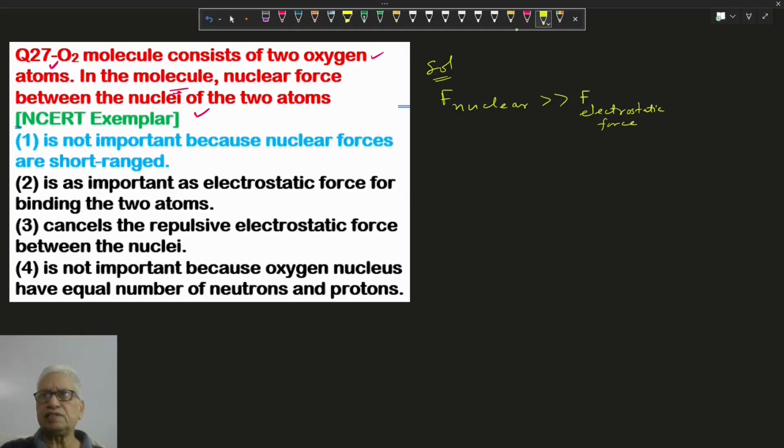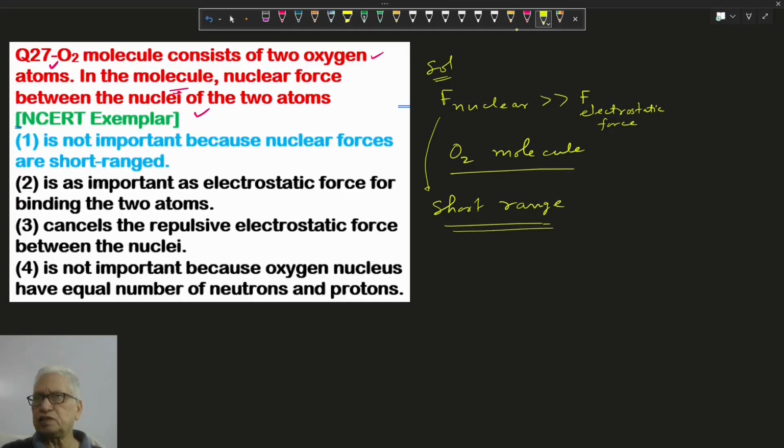It means when we are talking about the oxygen molecule, the nuclear force is not important. The reason is that nuclear forces are short range forces, so they are not applicable at large distances. So for molecules, we are not talking about the nuclear force. It acts only between the nucleons within the nucleus. So here option 1 is correct.